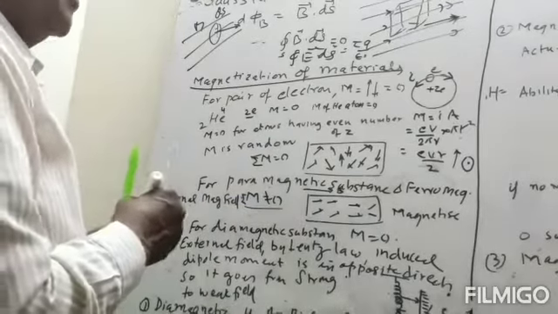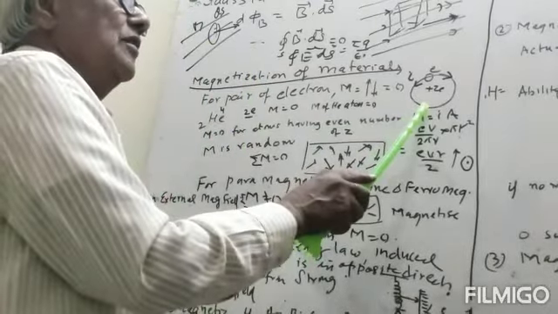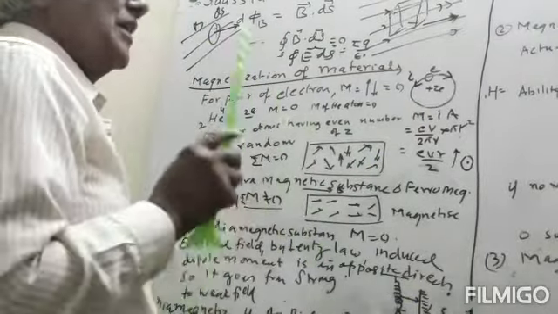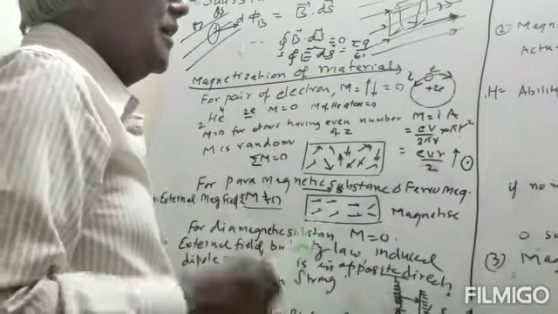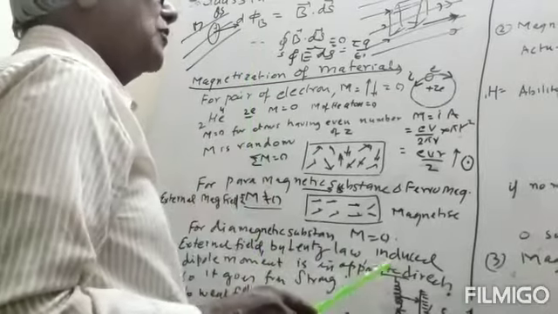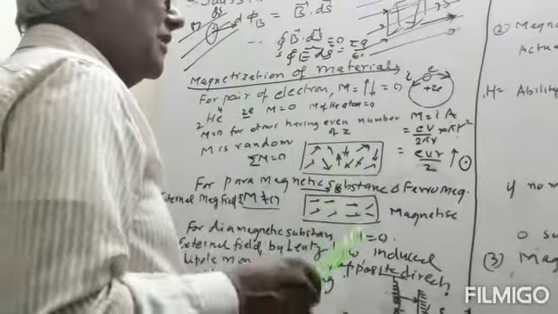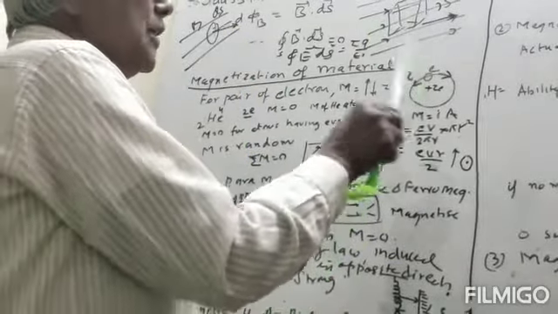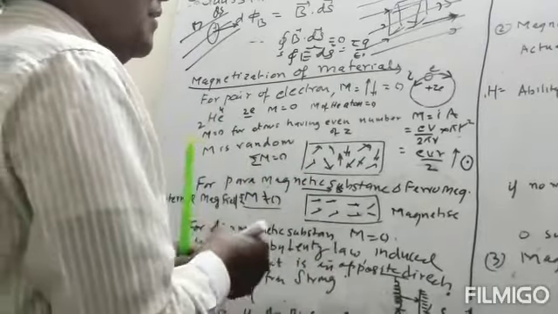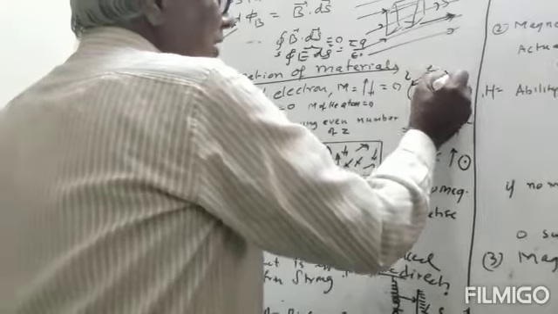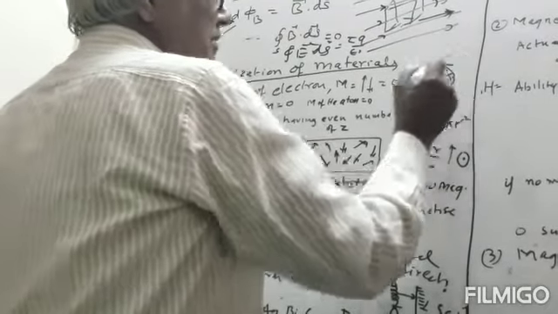In an atom there is not a single electron, there are many electrons orbiting in different orbits. We know that in the first orbit there are 2 electrons, in the second orbit there are 6 electrons, and so on. So there is a pair. When we have a pair of electrons, one electron is moving this side and the other electron moves in the opposite direction with the same radius.